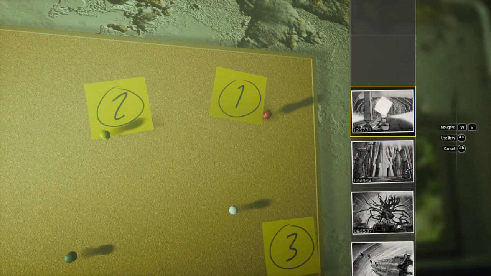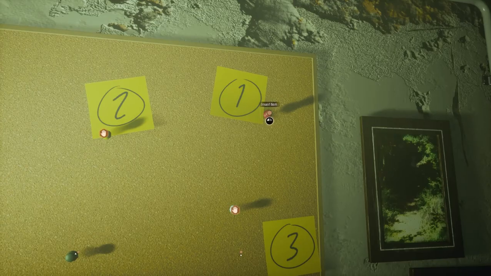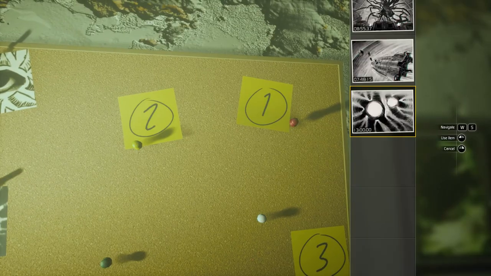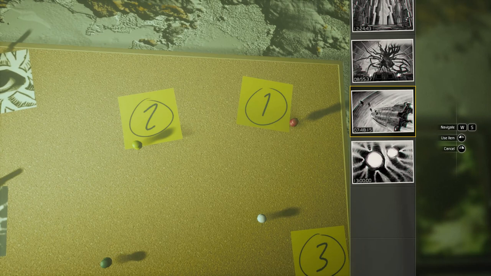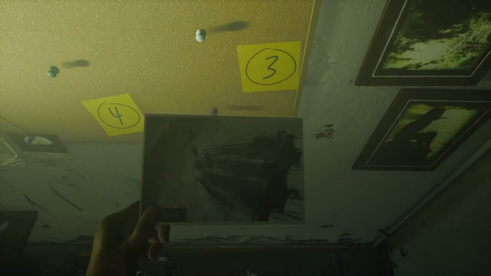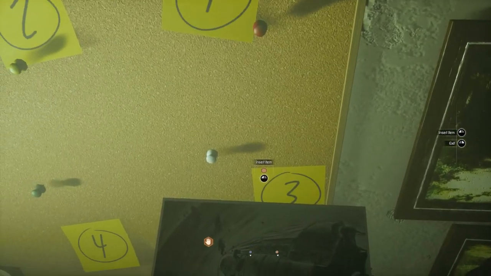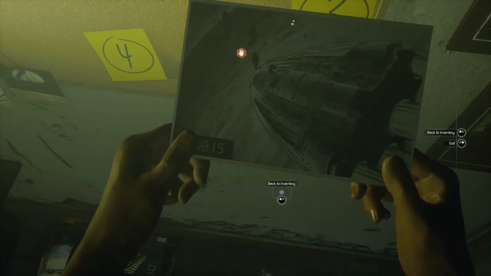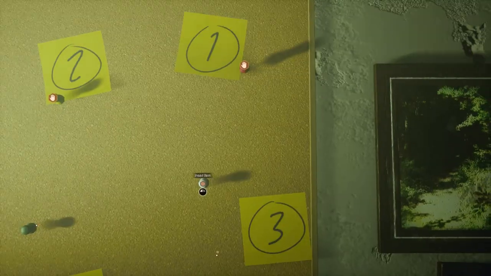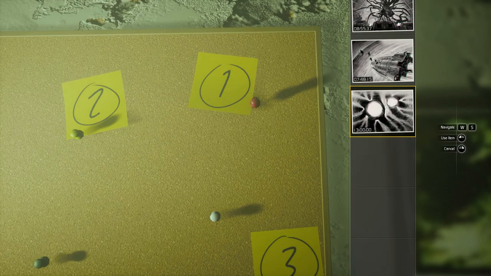Do I have all of them? 1, 2, 3, 4, 5. I guess I'm supposed to put them in order. So, this is 07. I would pin that as 1. It's the Cyrano. Wait. Why didn't it work?